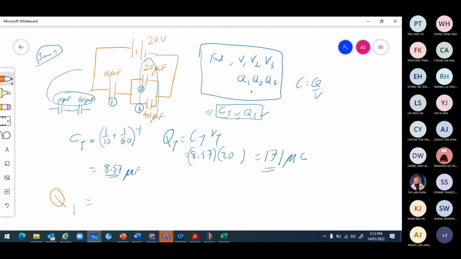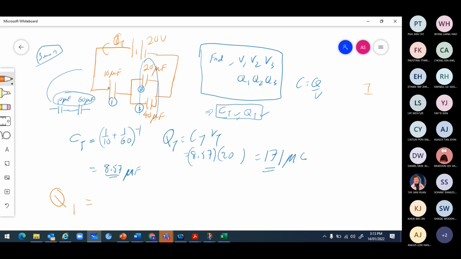I told you, the charge you imagine like current. The total current is the same as the current flowing in the main branch. The charge is analogous to that. So the total charge in the circuit is the same as the charge in the main branch.